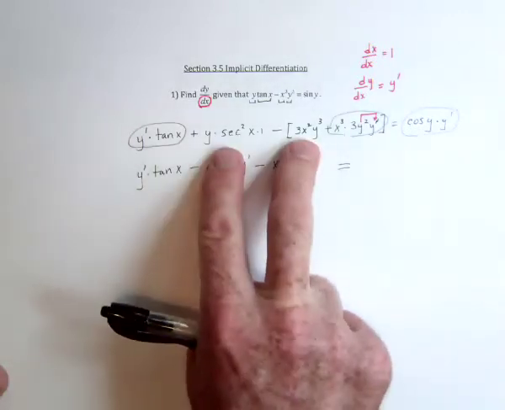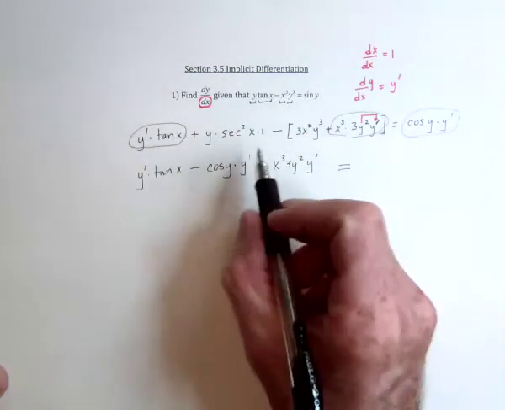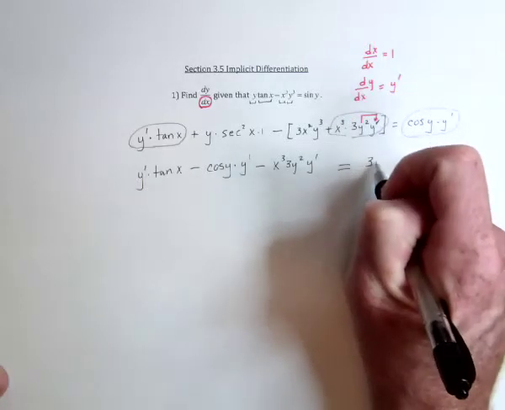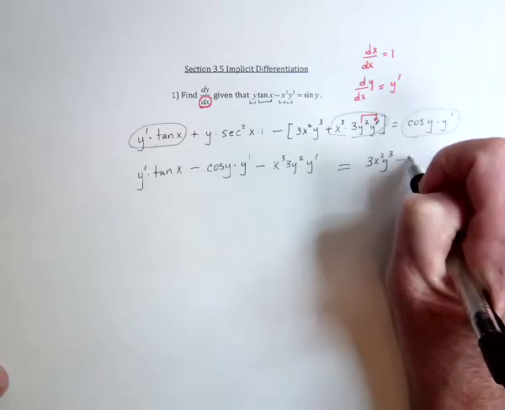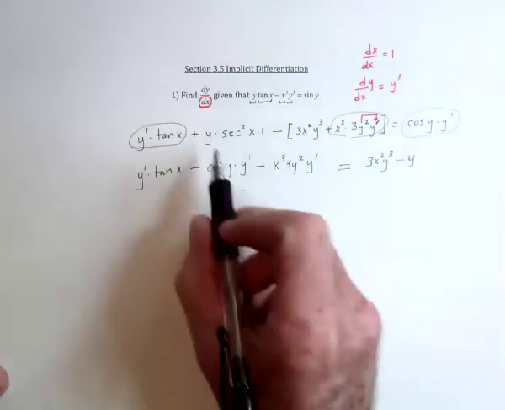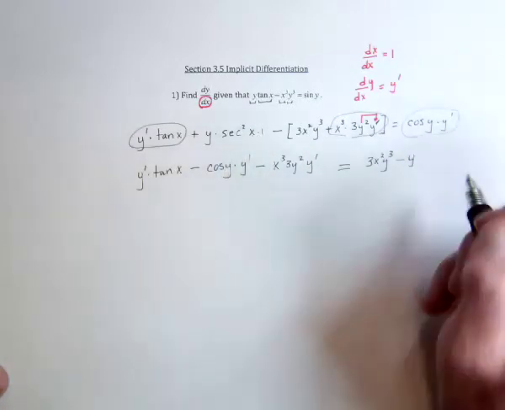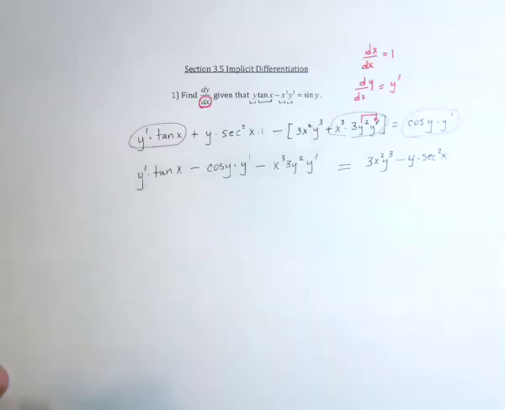And then these two terms that don't have y prime, move them over to the right hand side. So this one would become positive when you move it over, 3x squared y cubed, and then subtract y. So I'll put these two guys together. Oh, that's a part of the secant. Never mind, y and secant squared of x.